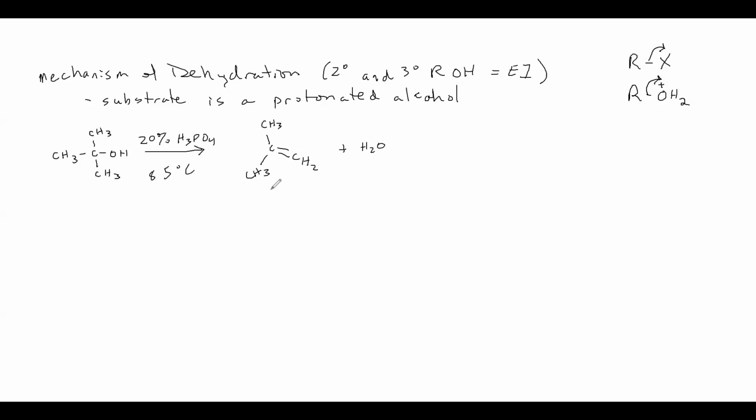Okay, so how does this happen? Remember that we said dilute acid is hydronium, right? So the first thing that happens is, let me write out phosphoric acid once.